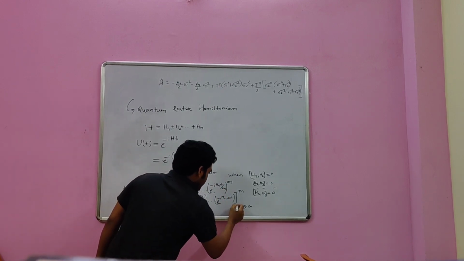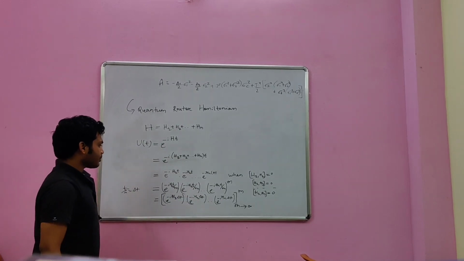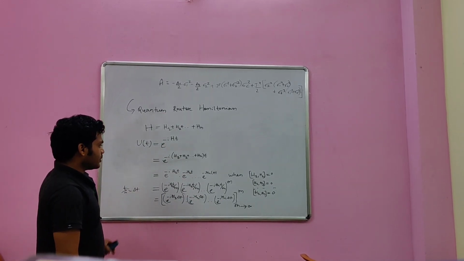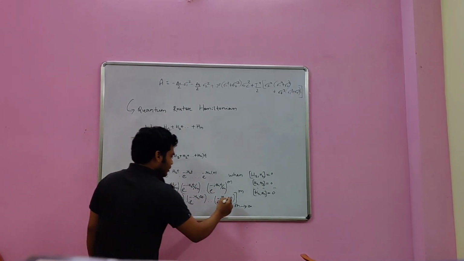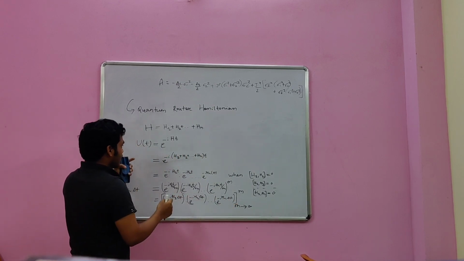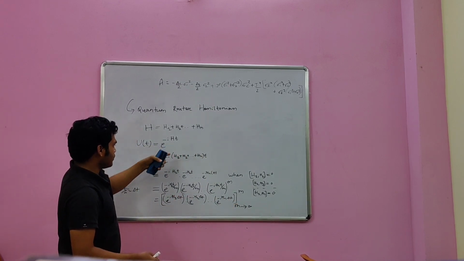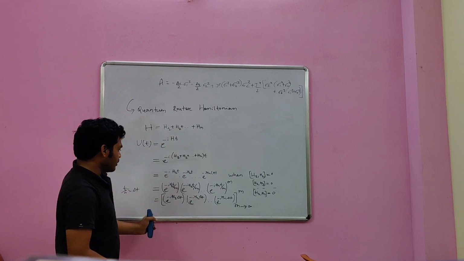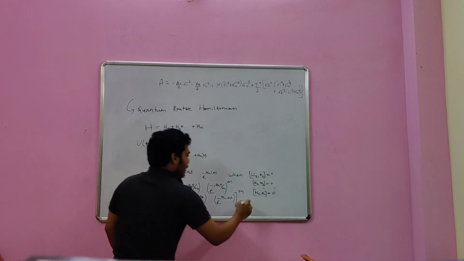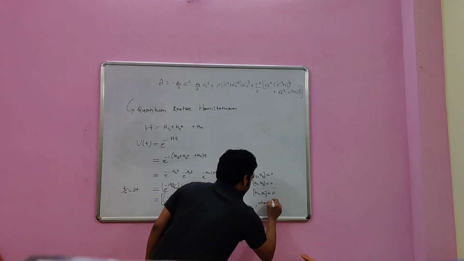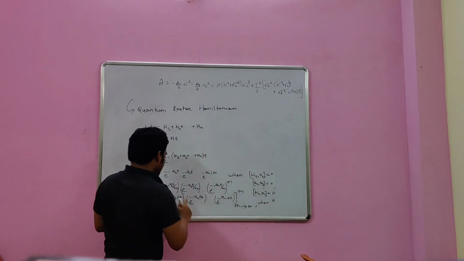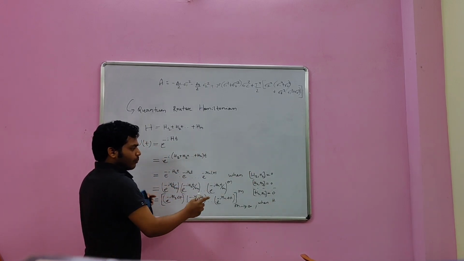So n should be taken as a large number. Okay, so this is the Trotter decomposition. We need to write the whole unitary operator like this when the terms H1, H2 up to Hn do not commute with each other.